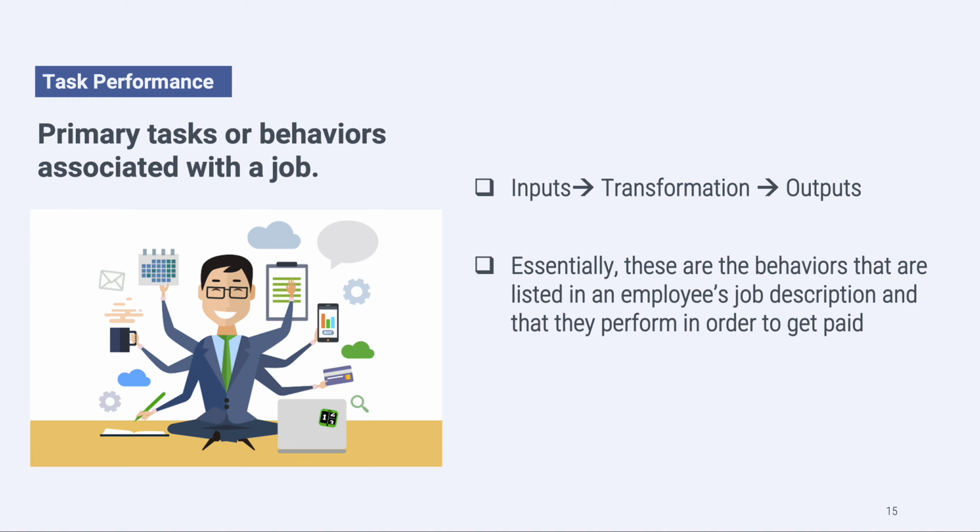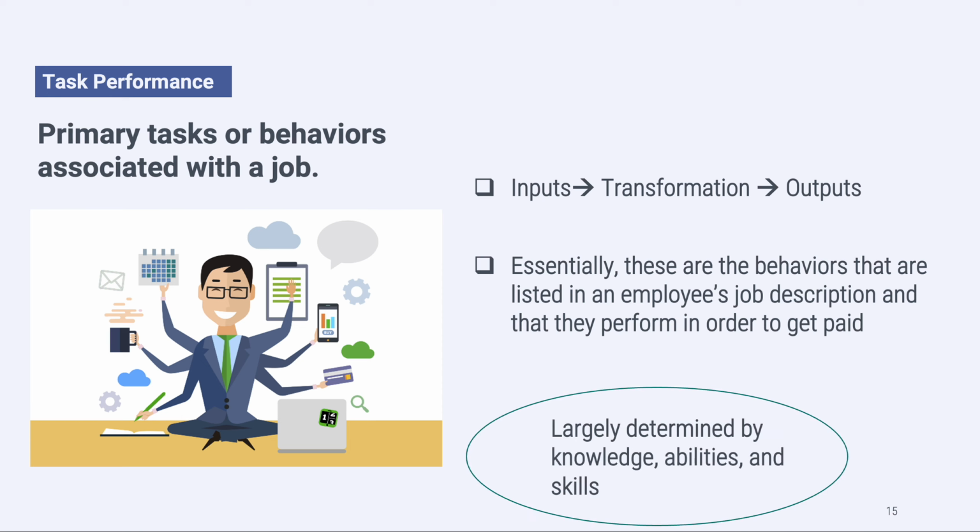So as you might remember, we talked about determinants of job performance and different factors that predict whether or not someone is likely to do well in their job. And so when we're trying to assess task performance and whether or not somebody is likely to perform well, we would be best served by looking at knowledge, abilities, and skills.